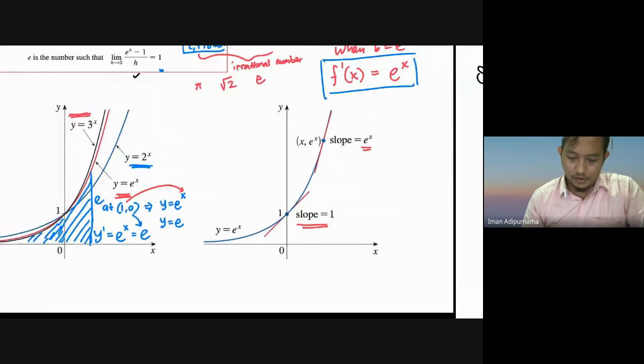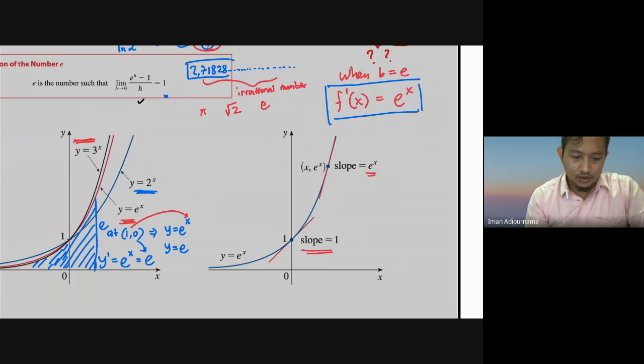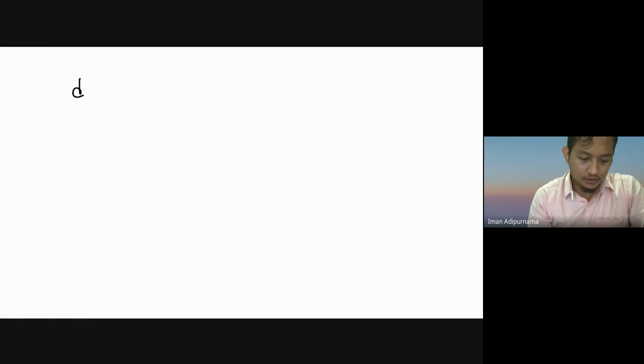Let me make some conclusion from here, or maybe in the next slide: when you have e to the x, its derivative is e to the x.